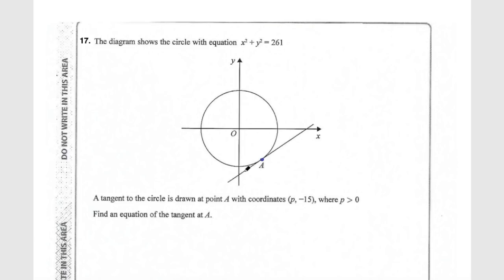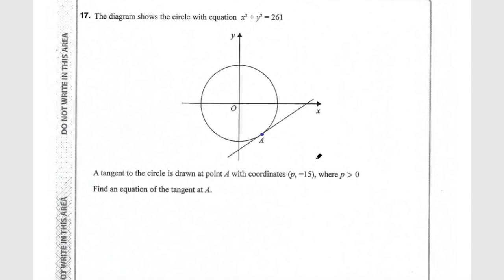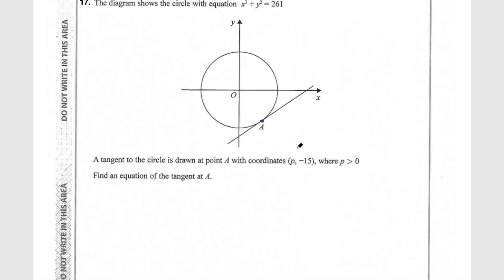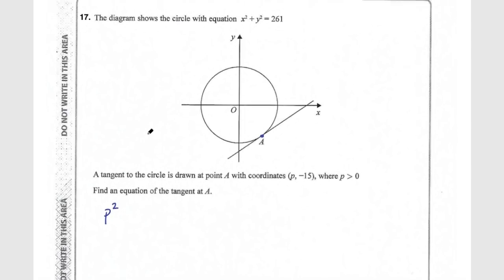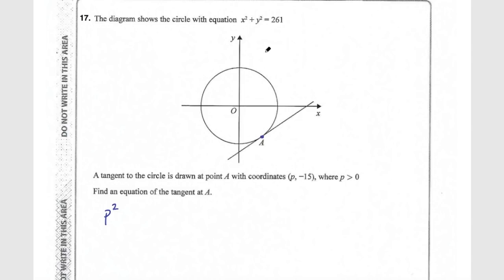Well, the tangent touches the circle at A, so that means we can use this equation to find p, because this point, (p, minus 15), will also be a point on this circle. So what I'm going to do is substitute these points into this equation and then solve for p.